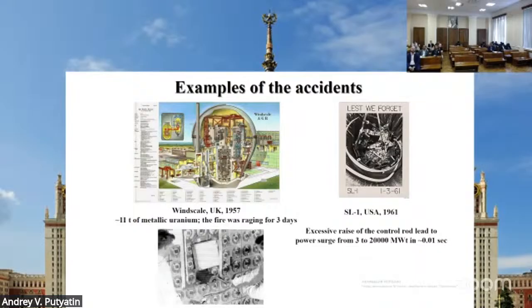The first very serious accident, which was important from an environmental point of view, was an accident at the Windscale nuclear power plant in the United Kingdom in 1957. It was also a graphite-based reactor, and here you can see actually fuel rods, and this is an operator who is holding a fuel bundle.